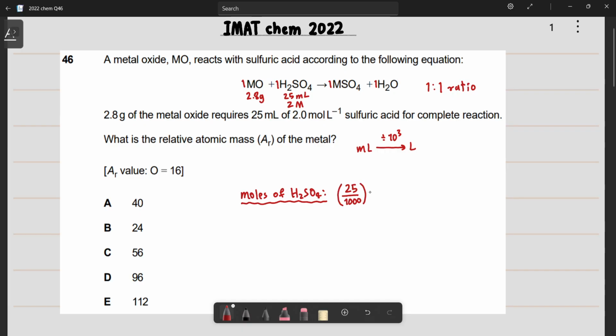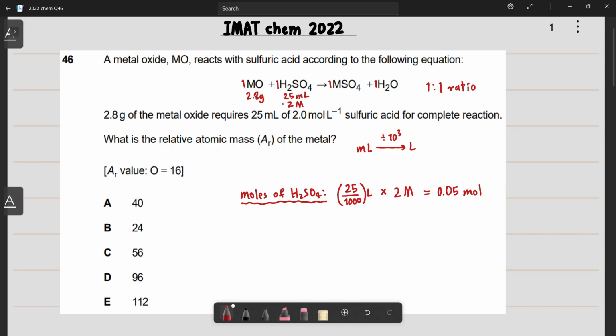So this will convert the unit for the volume from ml to liters. And then I'm going to multiply this by 2 molarity, which is the concentration. Right, so this will give me 0.05 mole.